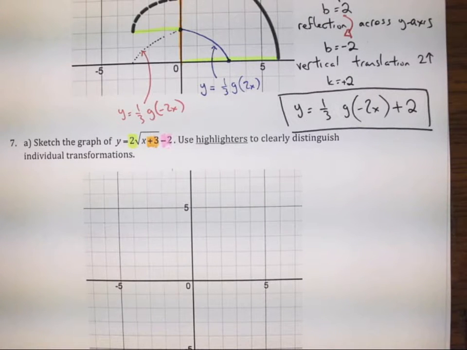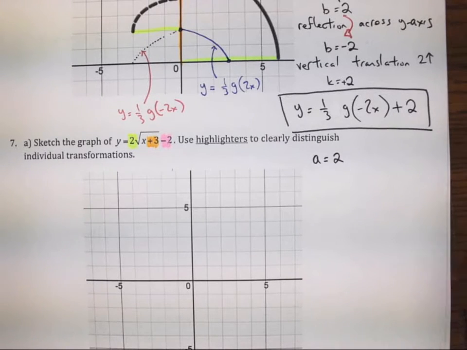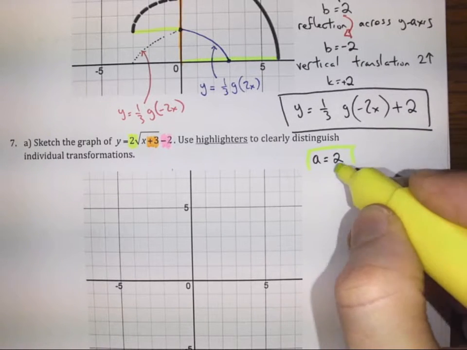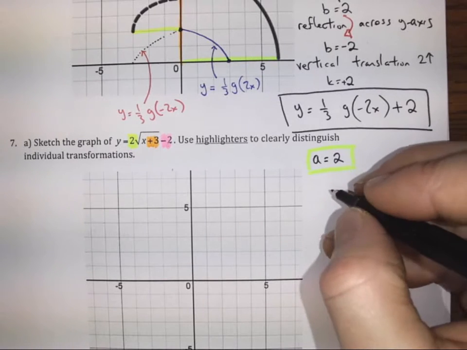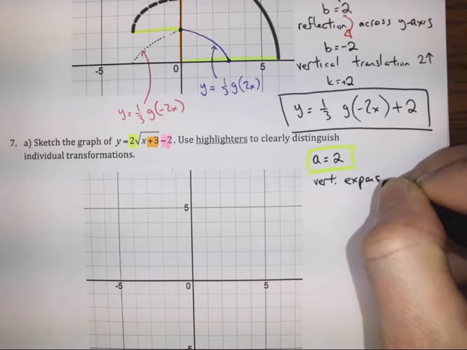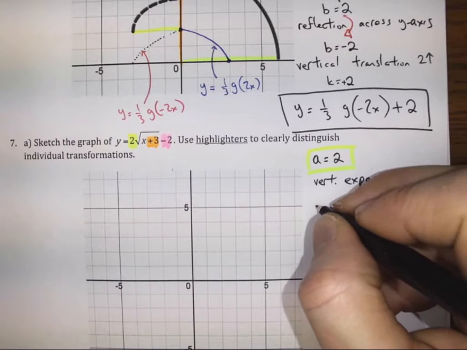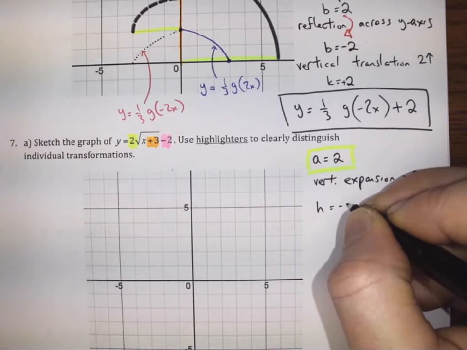So I can see that we have this a value equal to 2. That's what we're going to code in yellow. And so that means that'll be a vertical expansion by 2. Looks like we have this h value, which is negative 3.